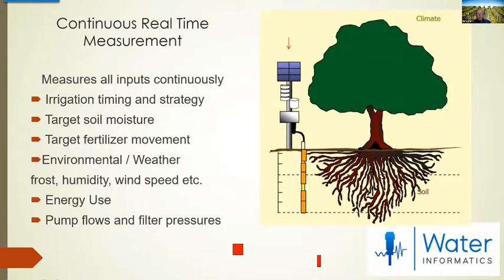So irrigation timing and strategy, target soil moisture, target fertilizer movement. One thing we know is when we put nitrogen into our drip lines, that nitrogen moves as fast as the water through the soil. So it's super important. Let's do an example.